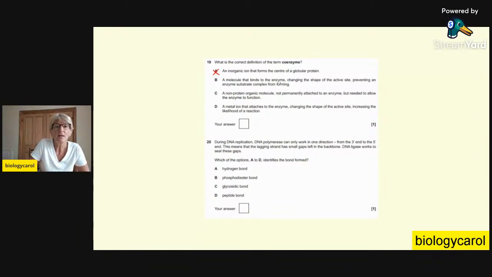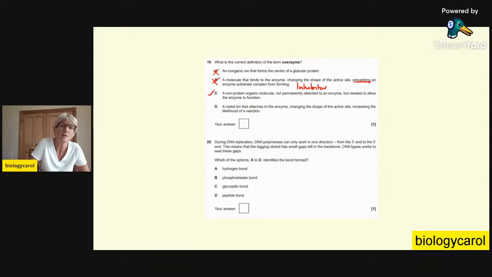B, a molecule that binds to the enzyme, changing the shape of the active site, preventing an enzyme substrate complex. Well, that's not a coenzyme, that's a flipping inhibitor. So it's definitely not that because it's preventing an enzyme substrate complex forming. C, a non-protein organic molecule not permanently attached to the enzyme but needed to allow the enzyme to function.